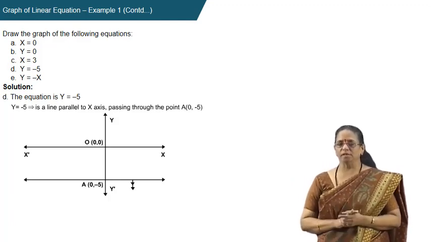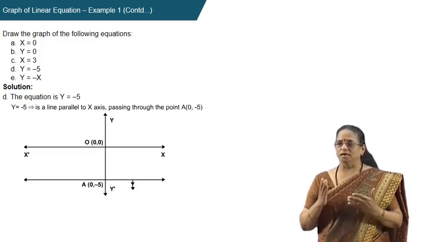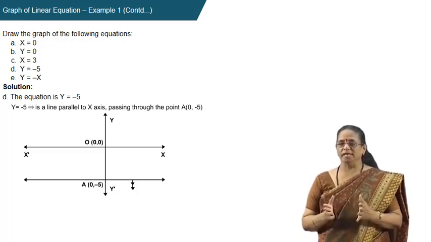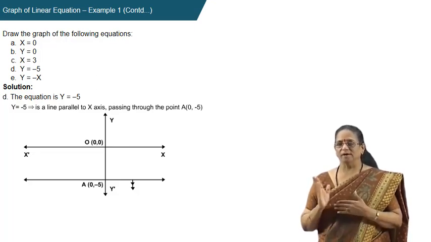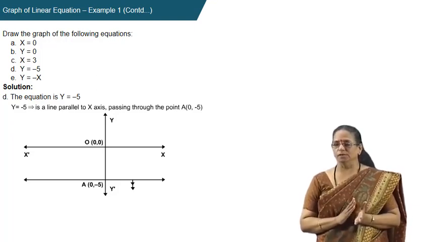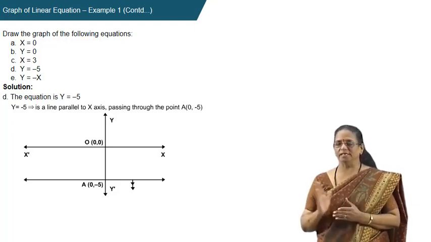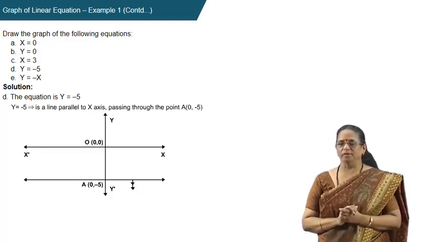You have origin denoted by O with the coordinates (0, 0). You have x'Ox, that is the x-axis. When you move from 0 to the right hand side, it is your positive x-axis. When you move towards the negative, it is negative x-axis. Similarly, from the point O, origin, if you go upward, it is positive y-axis.